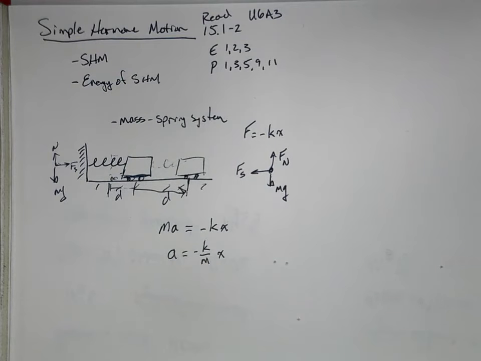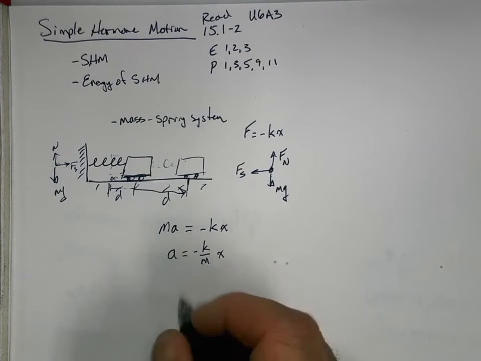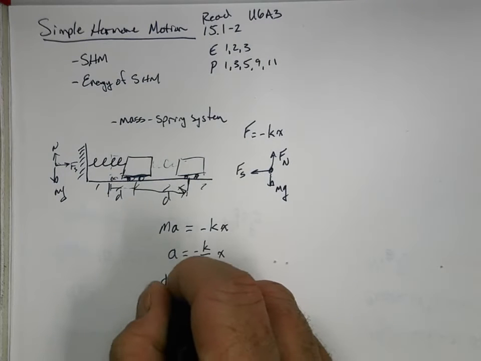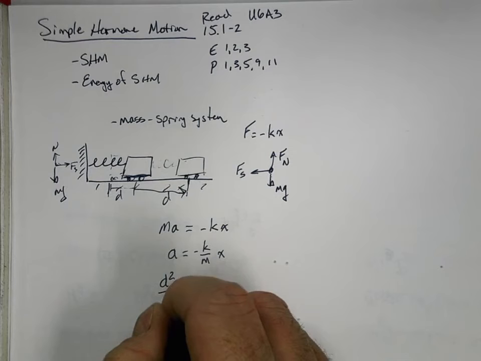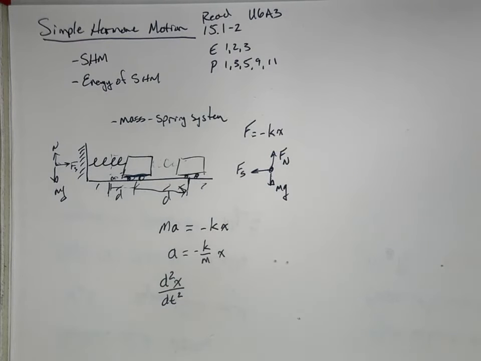You follow that? Yeah? How is acceleration related to distance or to displacement? It's the second derivative, right? It's the second time derivative of displacement. So we can rewrite our acceleration here as d squared x dt squared, right?